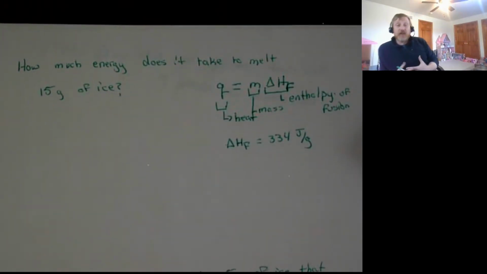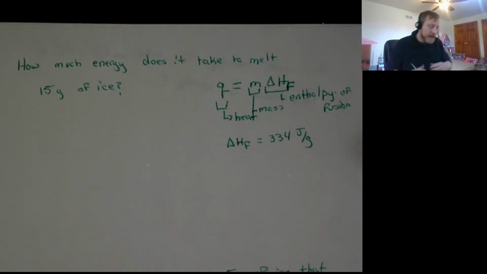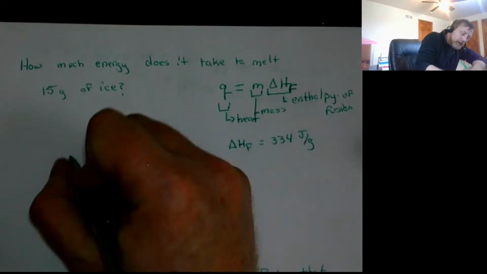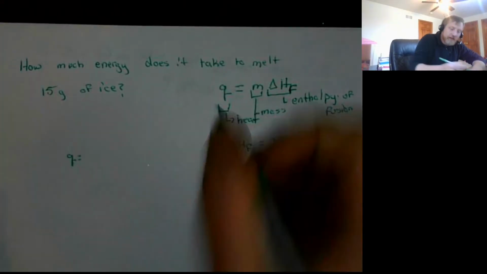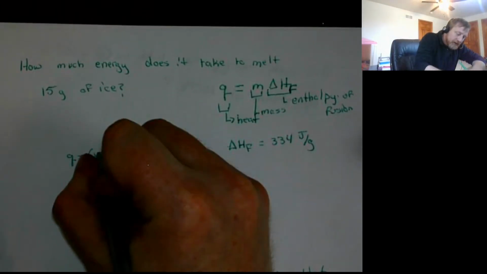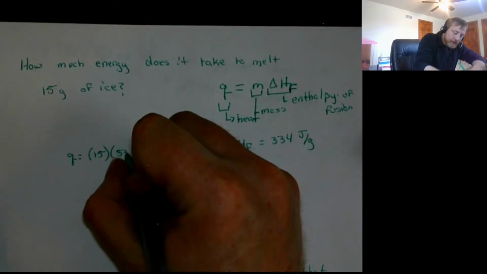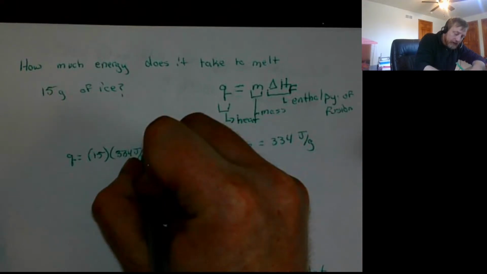And now we're essentially done with our problem. We just have to plug and chug, put the numbers into the formula, and shake it until an answer comes loose. So we're going to say here, we're looking for Q. That's how much energy it takes. We have a mass given to us for M of 15 grams. And we're told that delta H of fusion for water is 334 joules per gram.